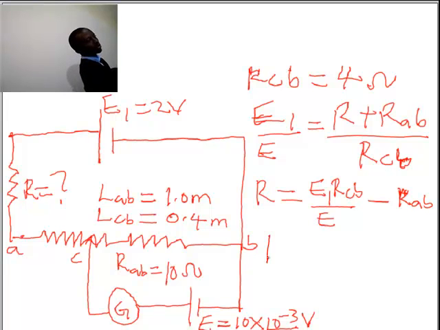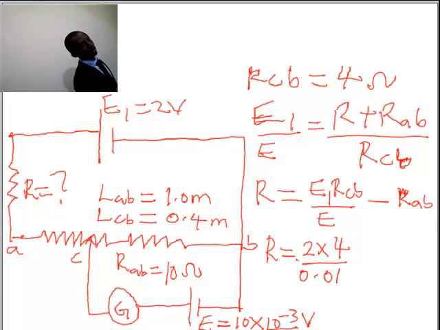Therefore, R equals E1, which is 2 volts, multiplied by resistance RCB, which is 4 ohms, divided by E, which is 10 times 10 to the power minus 3 volts, that is 0.01 volts, minus RAB, which is 10 ohms.